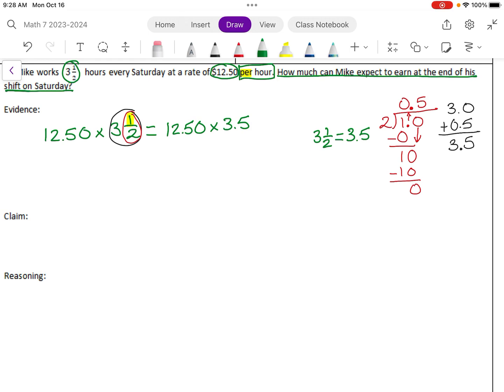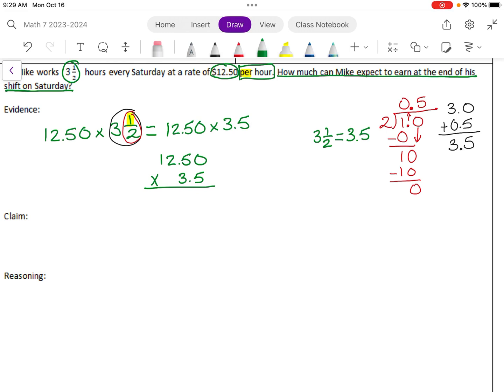Looking at my expression now, I have 12.50 times 3.5. Now I have to choose the one with the biggest or the most digits to put first. So 12.50 times 3.5. Remember, with multiplication, we don't have to line up the decimals, so we can leave it like this. Okay.